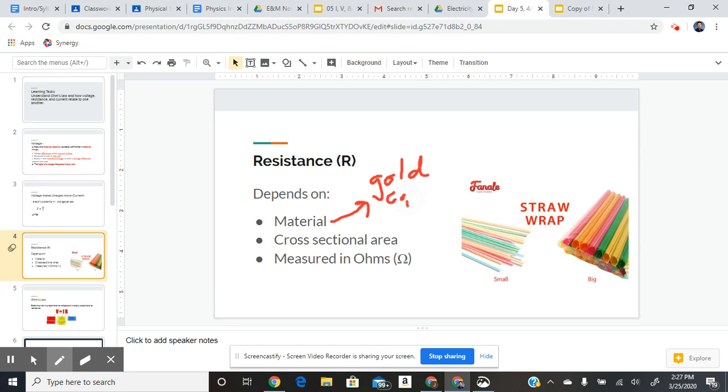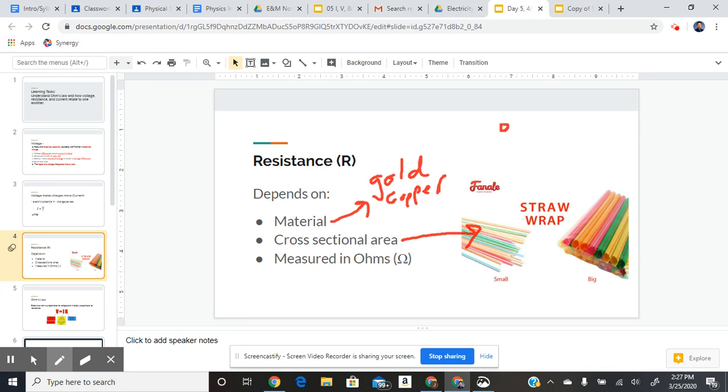Copper is another common material used. So the type of material makes a difference in resistance. Cross-sectional area is why I have this straw example here. In a circuit, when you're using a wire, wires come in different gauges.